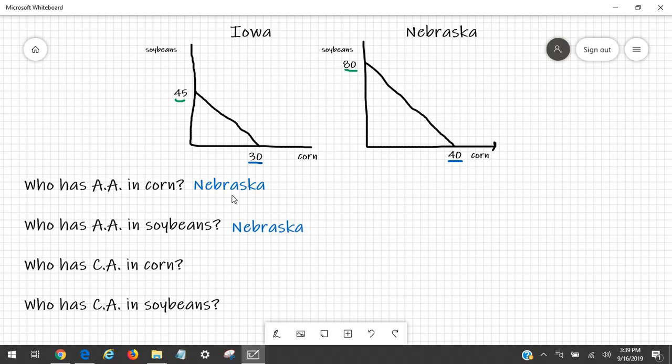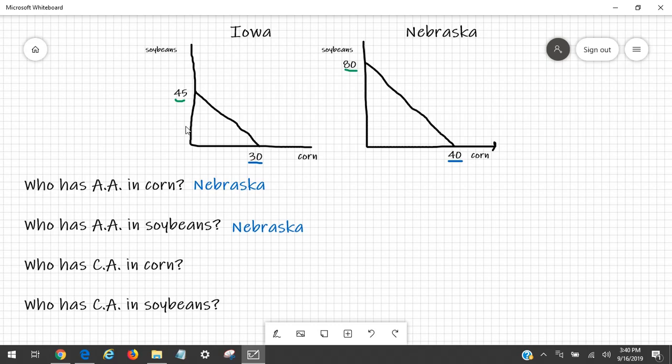The reason for that is because in order to move, let's say Iowa is operating up here at this endpoint where they're making no corn and 45 bushels of soybeans. Well, in order to gain some units of corn, that is to move downward along this PPF, let's say they want to go from this endpoint all the way down to this endpoint, they have to give up some of the soybeans that they were producing in order to move towards producing corn.